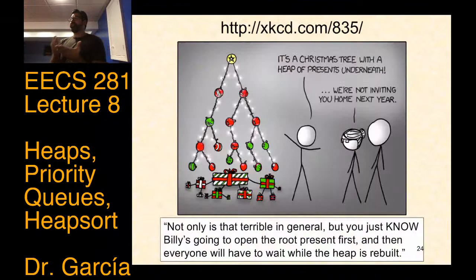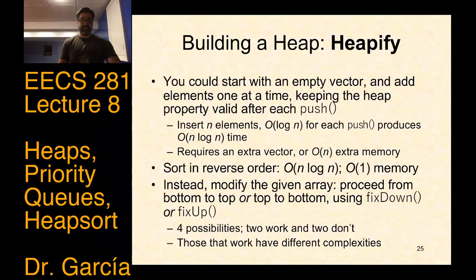So that approach is rather wasteful because you're creating a separate array for the heap. There are better approaches. One approach is that I can sort in reverse order, and it's not hard to tell that an array that's sorted in reverse order would satisfy the heap constraint. I'll let you do that as an exercise.